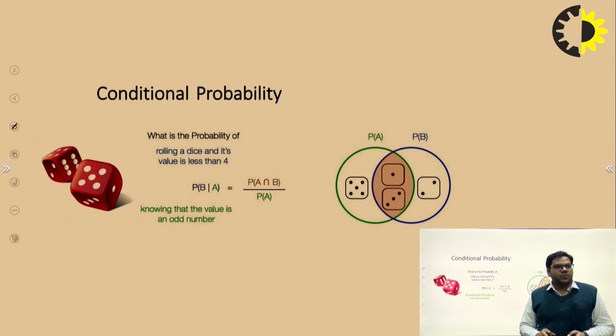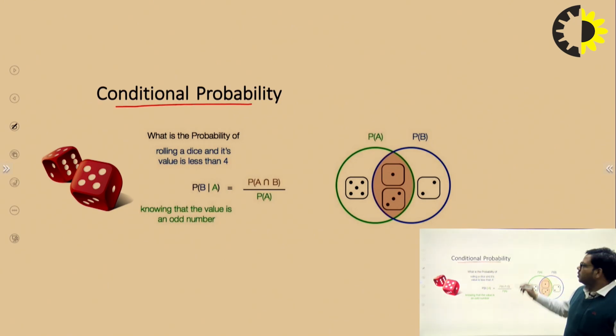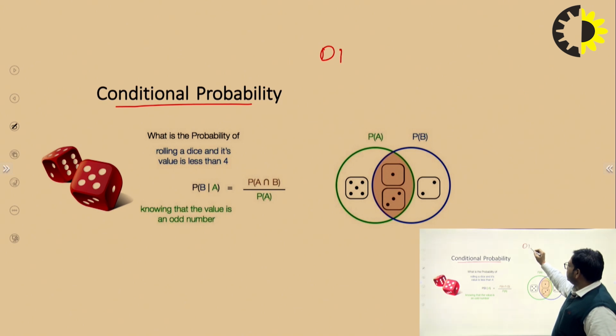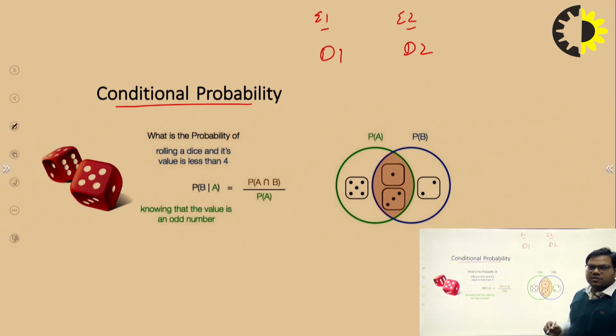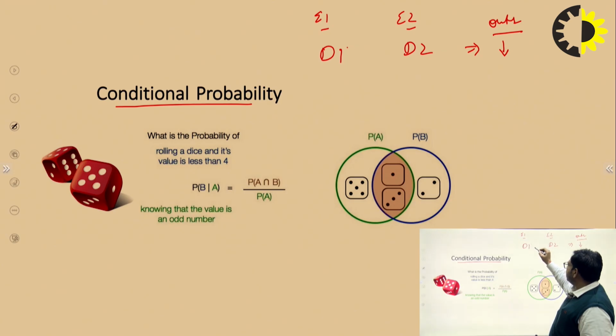But we have some conditional probabilities as well, where suppose we have two dice, dice 1 and dice 2, this is event 1 and this can be called event 2, and the final outcome is something else. So what I am expecting as the final outcome, for that the dependency is important.